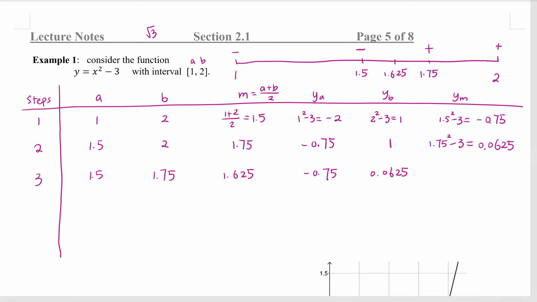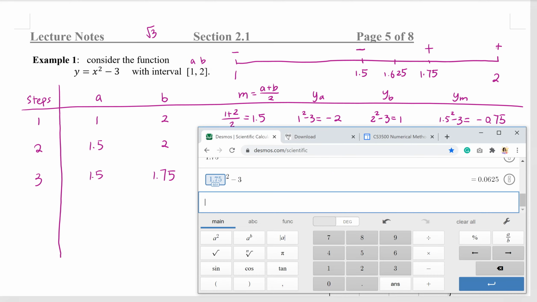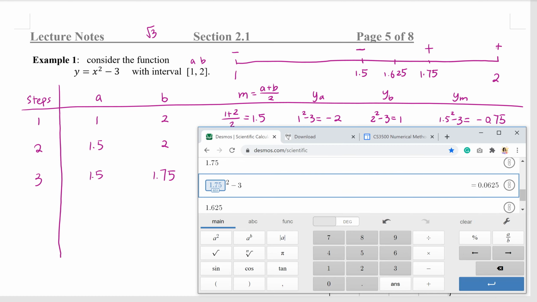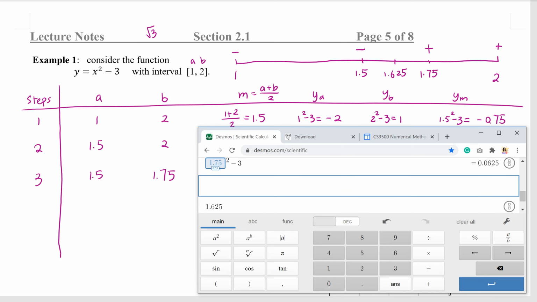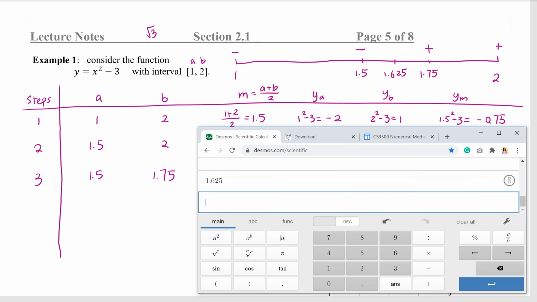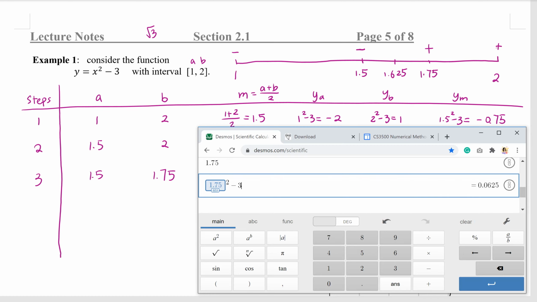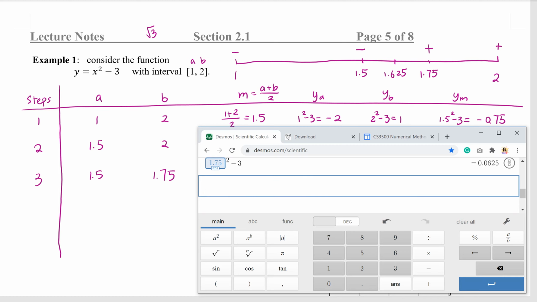Let's come back to our calculator. So we can type 1.625, enter, and then you can go up using this guy. Let me see. Okay, it's not like my real calculator. On my real calculator, after we enter this, I can go up to my previous line, and when I press enter, I will have the new answer squared minus 3.